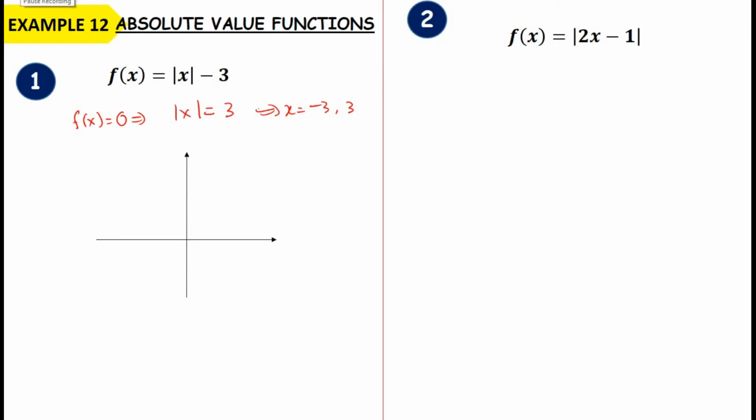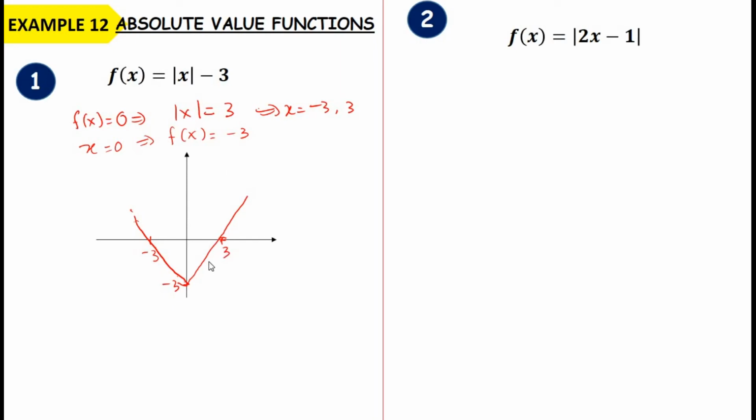Now let's find the y-intercept when x is equal to 0. From here you get f of x is equal to negative 3. So now we have 3 points: negative 3, 0; 3, 0; and 0, negative 3. We plot these 3 points into the graph. It's a V-shaped graph, like this.